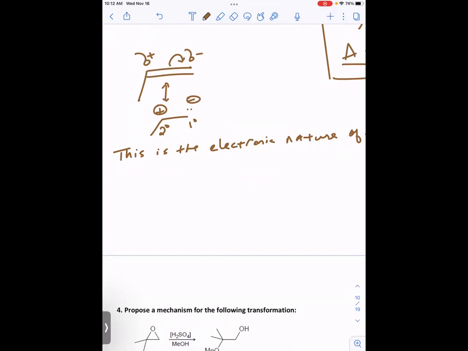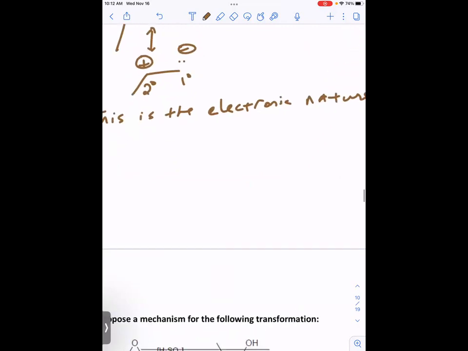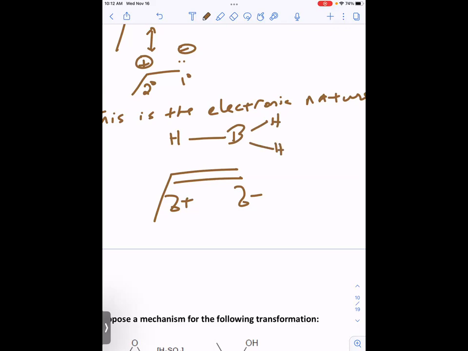The less substituted side is more likely to be negative, because if you make it an anion, it's going to be stabilized. So if we know that this is partially positive and that's partially negative, the BH3 bond has a dipole towards hydrogen this way. So that hydrogen is actually partially negative and boron is partially positive.